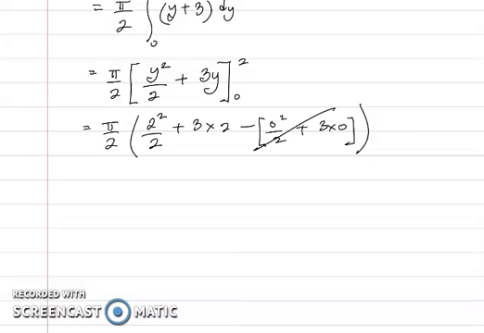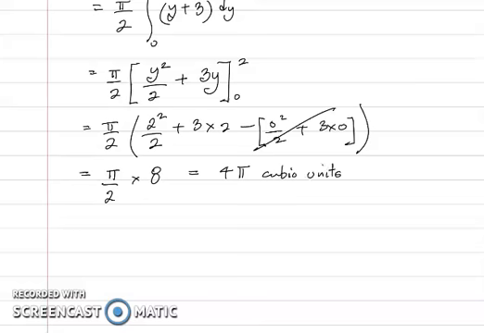And what we're left with is 2 squared is 4, divided by 2 is 2, and 3 times 2 is 6. So this is a total of pi over 2 multiplied by 8. 4 divided by 2 is 2, 3 times 2 is 6, 2 plus 6 is 8. And so our final answer is 4 pi cubic units.